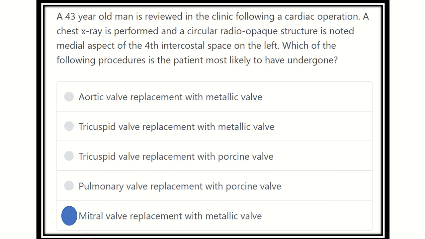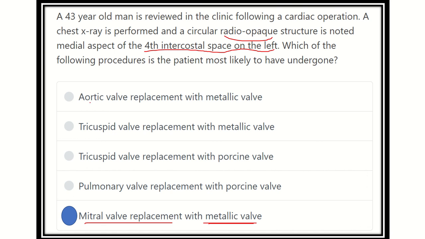So our final answer is mitral valve replacement with metallic valve, because the anatomical location of the mitral valve is in the left fourth intercostal space, and it is radio-opaque. As it is radio-opaque, it is a metallic valve. So our final answer is mitral valve replacement with metallic valve.